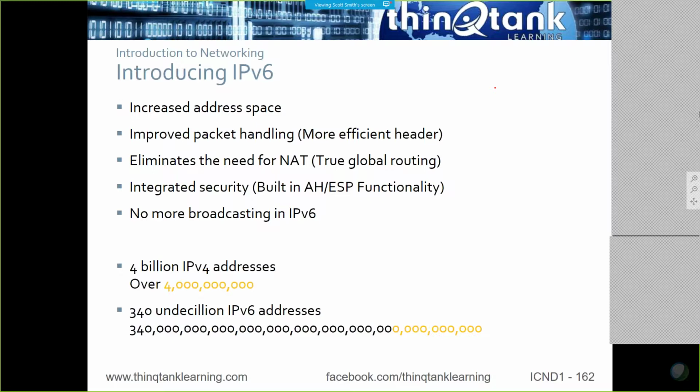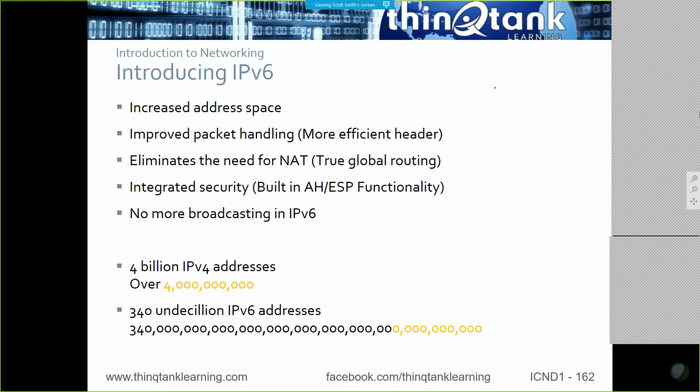IPv6 addresses are 4 times the length of a v4 address, so it's going to give us a lot more address space. All right? But there are a lot of other things about IPv6 that make it much, much better. The header is actually a lot less complicated.